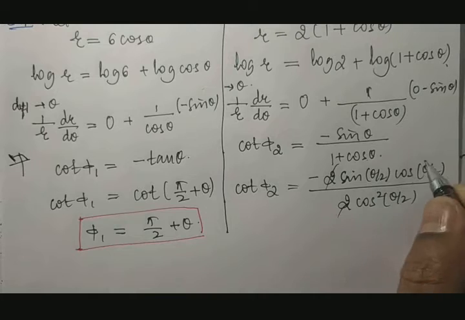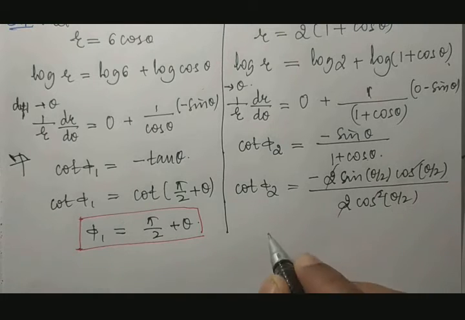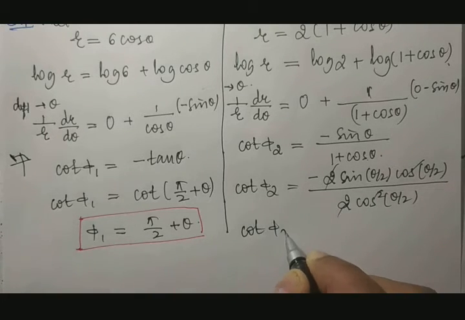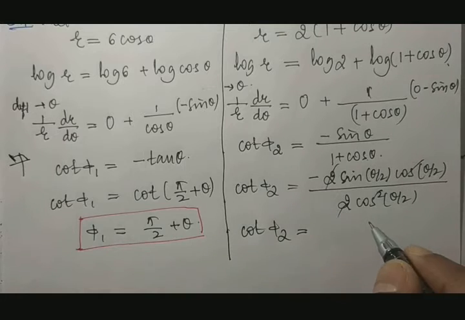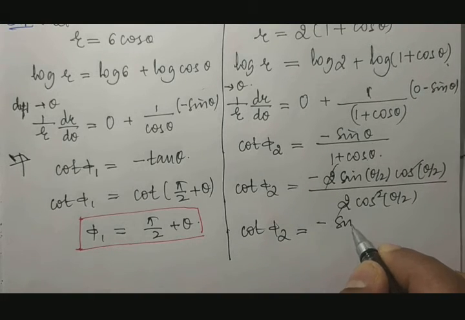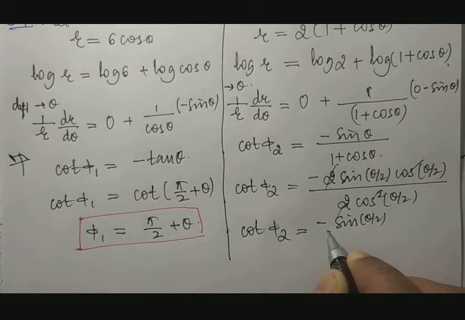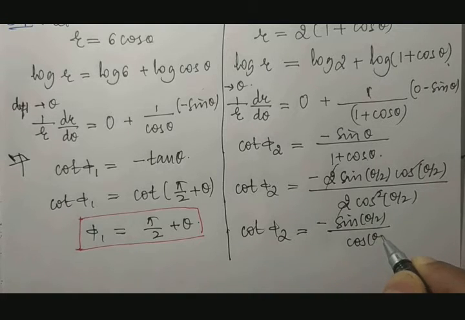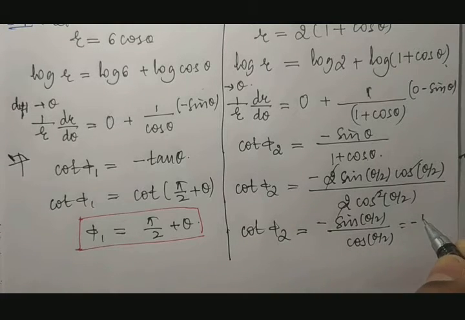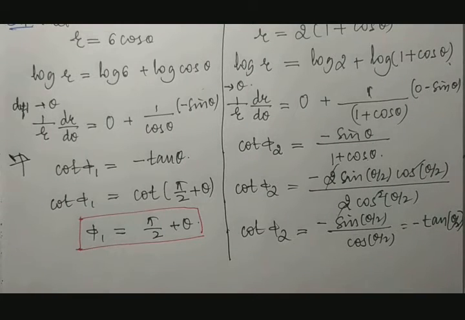Therefore, the 2 gets cancelled and a cos cancels. Therefore, cot phi 2 is equal to minus sin theta by 2 divided by cos theta by 2, which is nothing but minus tan theta by 2.